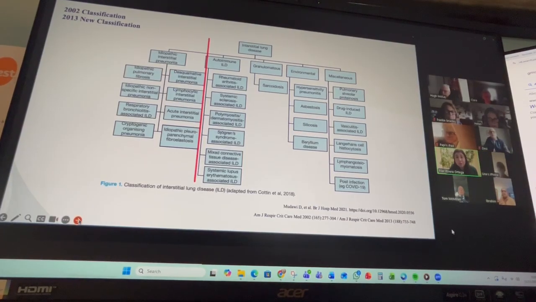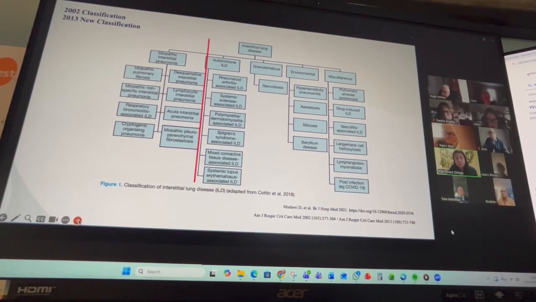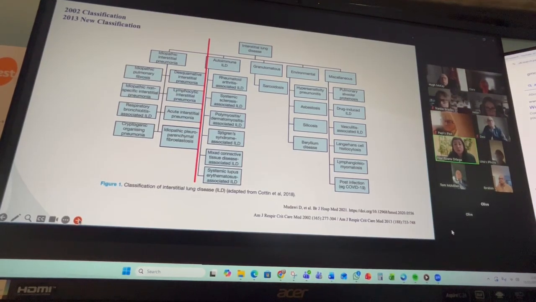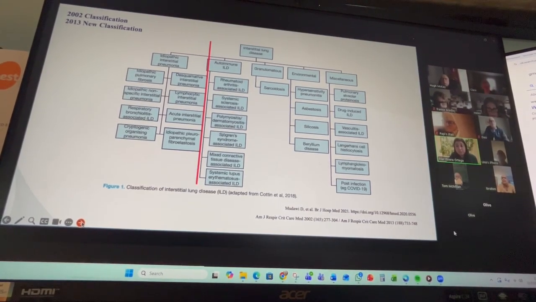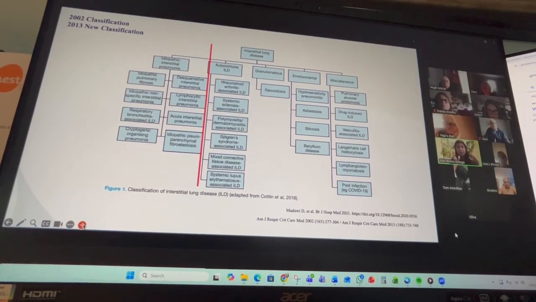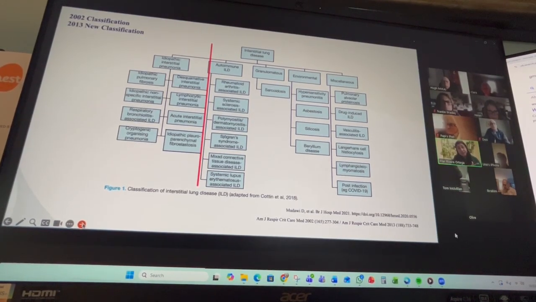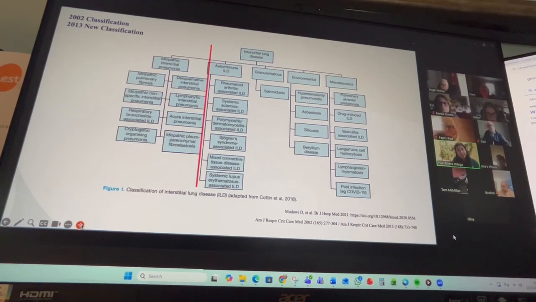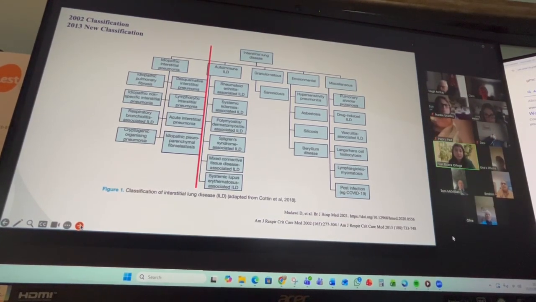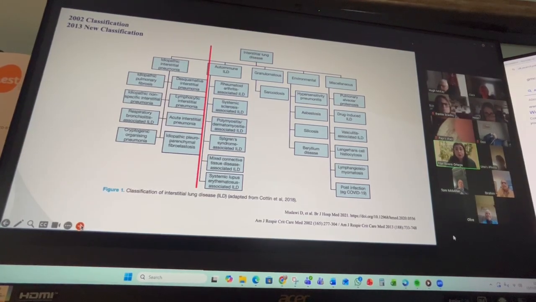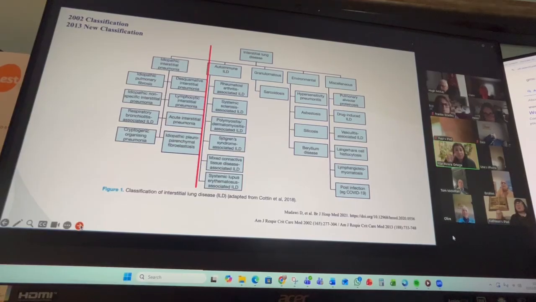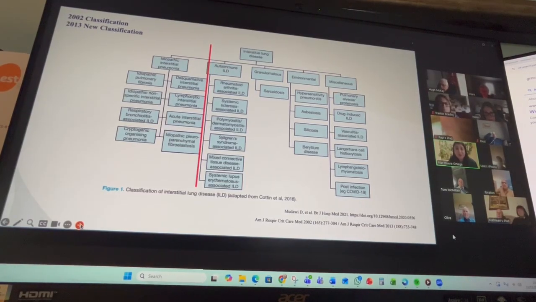So when we talk about interstitial lung disease, it's not one disease, it's a big umbrella of 200 diseases. And within this group, we can split between predominantly inflammatory and predominantly fibrotic interstitial lung diseases. What we call fibrotic interstitial lung diseases we sometimes abbreviate as pulmonary fibrosis.